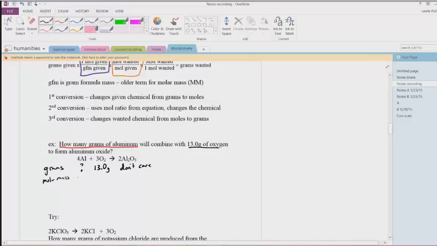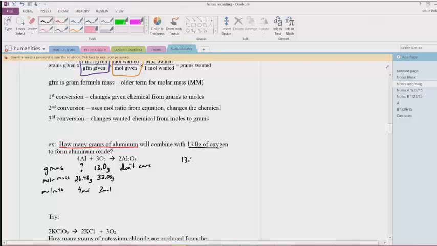Molar mass of aluminum, 26.98. For oxygen, it's 32.0. You know the mole ratio from the coefficients.